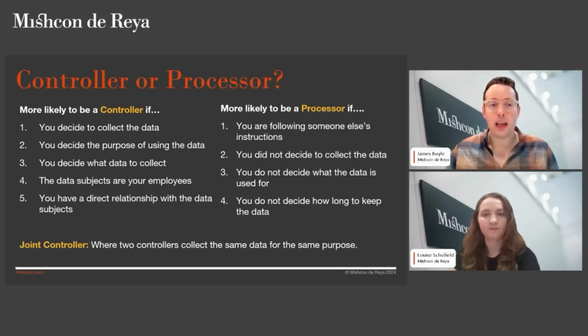This is where you have more than one party deciding how and why the data is used and how it's shared between them. It's not something we're going to go into in huge detail today because I'm keen to get on to the practical case studies, but if you're in a franchise arrangement, or an owner-operator, landlord style arrangement and you're looking at facial recognition technology, joint controllership may well be relevant.